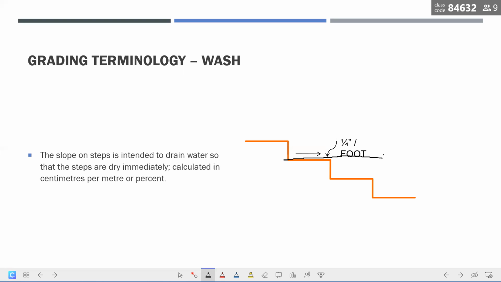If this black line that I drew is a horizontal line, then each step usually deviates from this horizontal line ever so slightly, so that it's hardly noticeable, but it's enough for water to run off, therefore allowing the steps quicker time to dry.